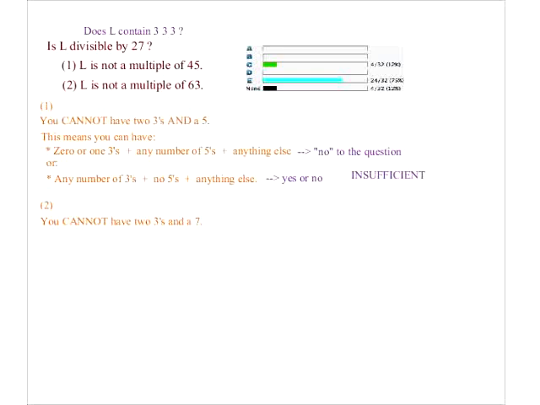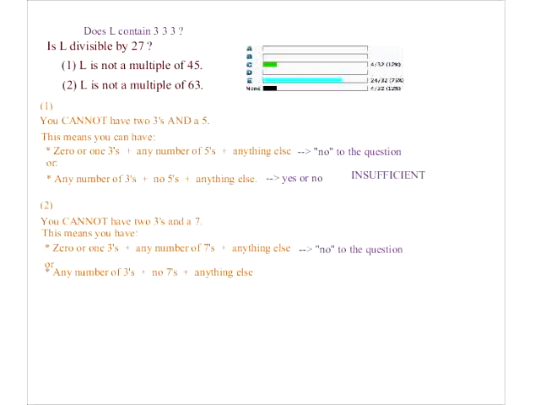So this means you have 0 or 1 3s plus any number of 7s plus anything else. Or you can have any number of 3s plus no 7s plus anything else. So same thing with the question. This is a definite no, but this is either yes or no.